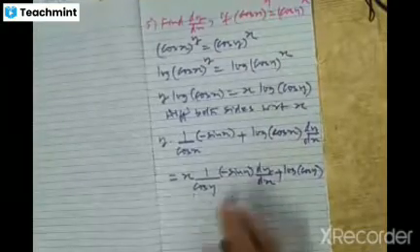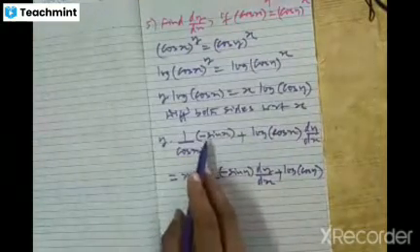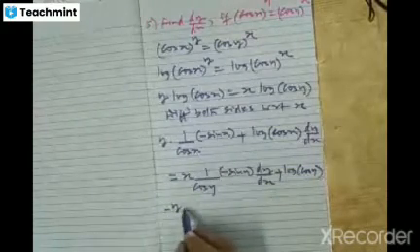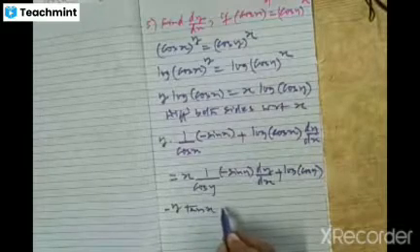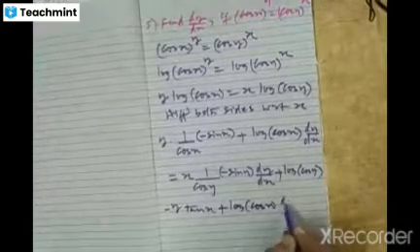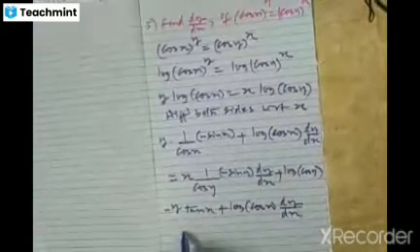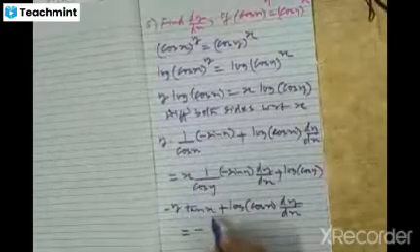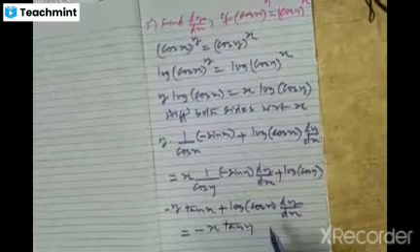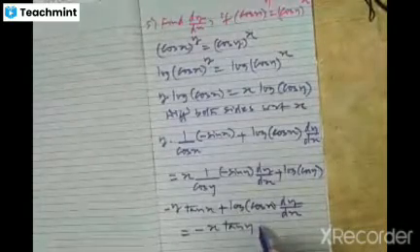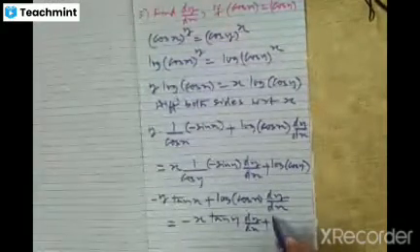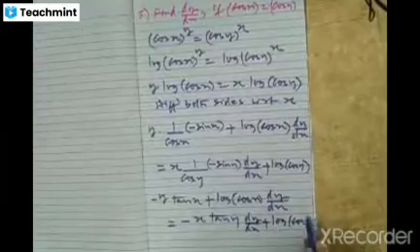Okay, we shall simplify this further. We get y into minus sin x by cos x, minus tan x, plus log of cos x into dy by dx is equal to, on the right side, minus x into sin y by cos y, tan y, correct? Tan y into dy by dx plus log of cos y.